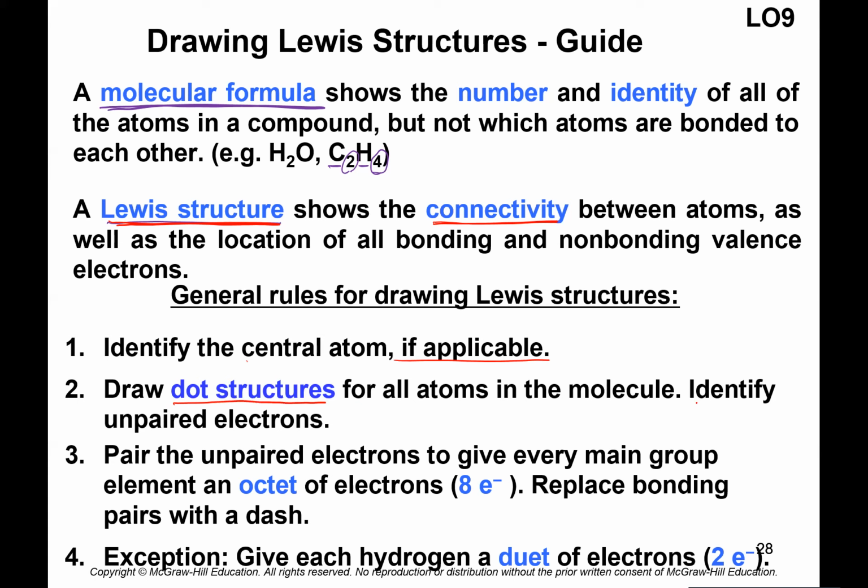Then identify your unpaired electrons, because these are the ones that are going to be forming the bonds. Then you can pair the unpaired electrons, and you do this to give every main group element an octet of electrons. Once you do that, you replace those paired electrons with a dash. The only exception to that octet rule is going to be hydrogen.